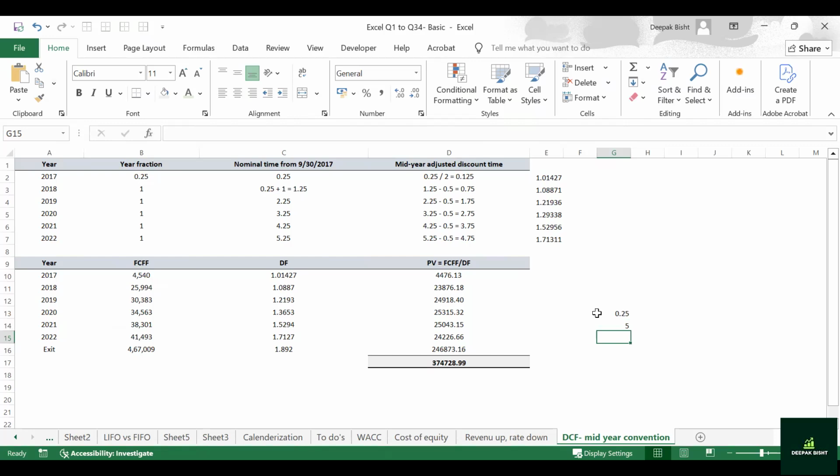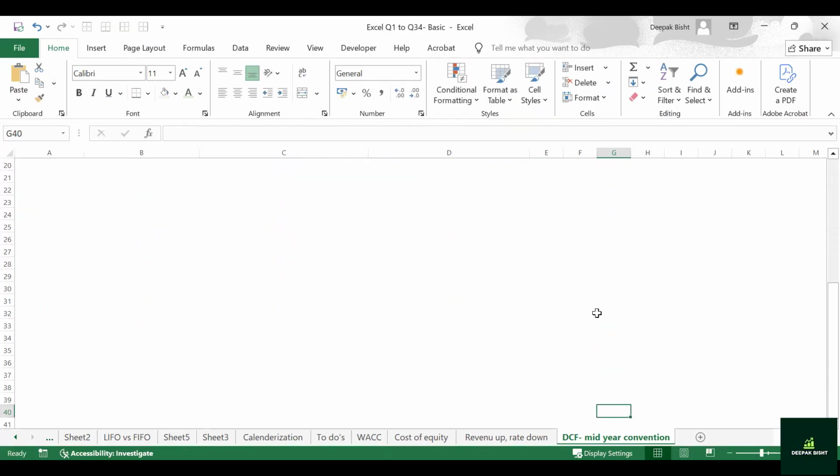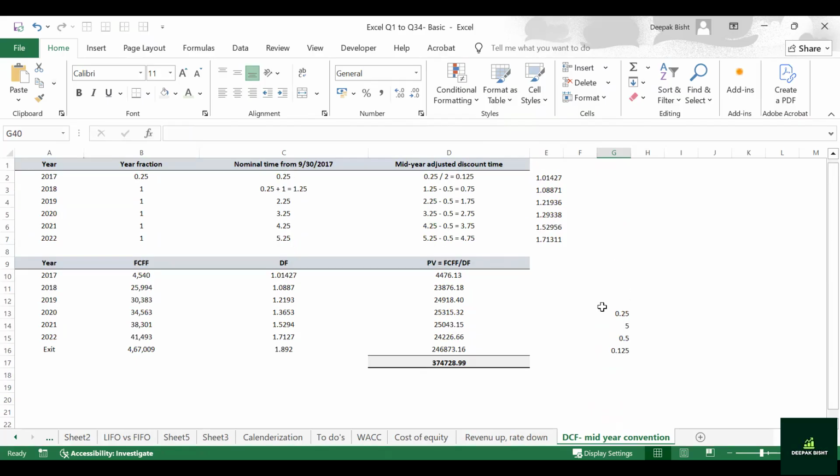I have added 0.5 and I have subtracted 0.125. So this is actually giving me the discounting factor 5.875, and that's what I've used here. Sorry, I actually have to subtract this thing. This I have subtracted. So I have used 5.625.